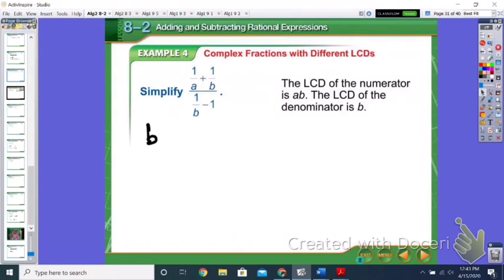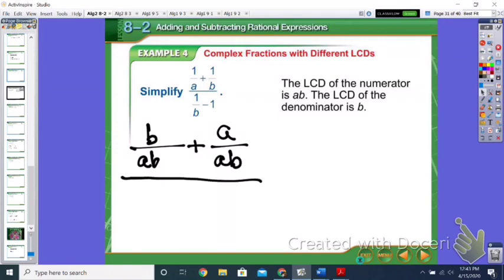So that would be B over AB. Plus, I need the 1 over B to turn into a denominator of AB. So I'm going to have to multiply by A over A. So that would be A over AB. Okay, so maybe I'll leave that there for now. There's your numerator. Let's take a look at the denominator.